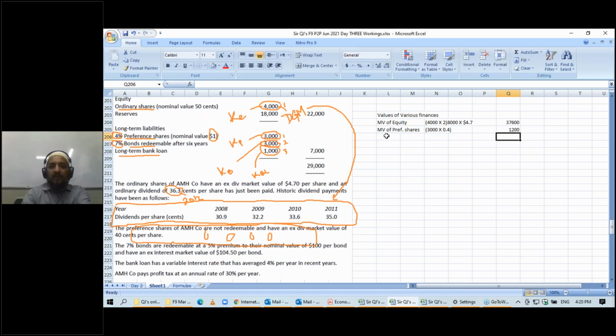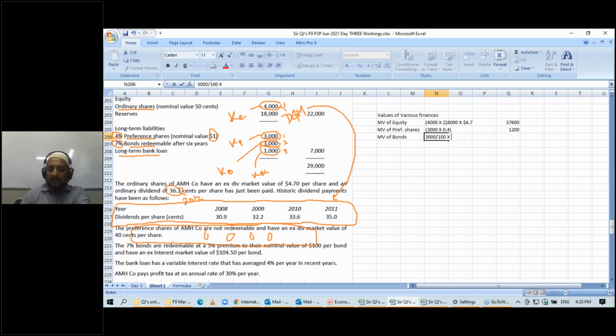Okay, after the market value of preference shares, we calculate the market value of the bonds. For the bonds, in the statement of financial position, they have given you 3,000, right? But each bond is of $100 face value. So by dividing by $100, you get the number of bonds: 3,000 divided by 100 makes 30 bonds.